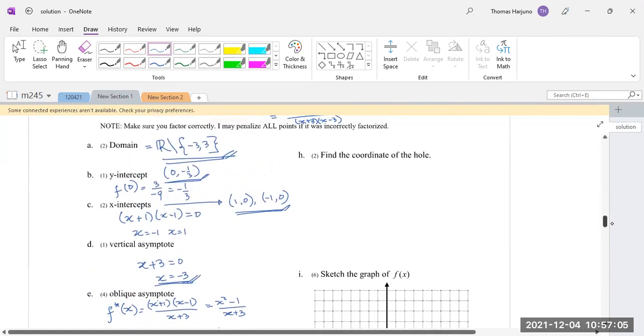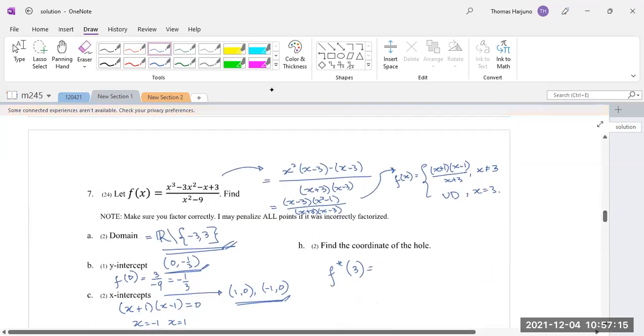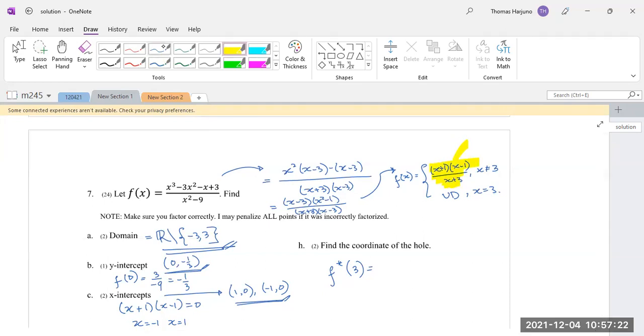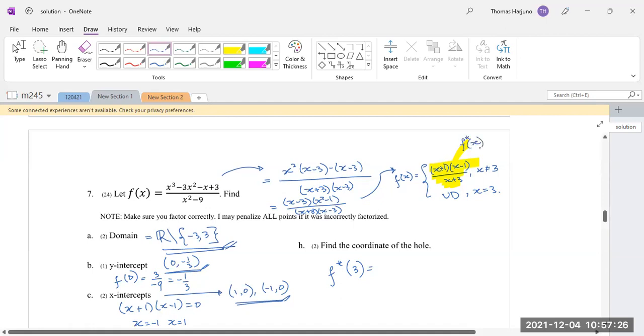And find the coordinate of the hole. That's basically f star of 3. So you replace this. This is our f star, x.